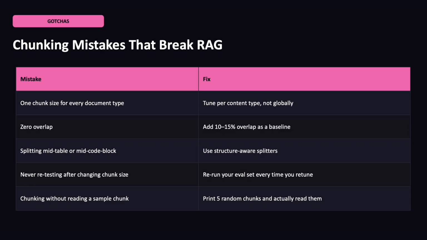Changing the setting and never actually retesting anything. And the bigger one is never actually looking at a few of the pieces you created. The last one is so simple it sounds silly, but it's genuinely the fastest way to catch a problem. Just open a few random pieces and read them like a human would.